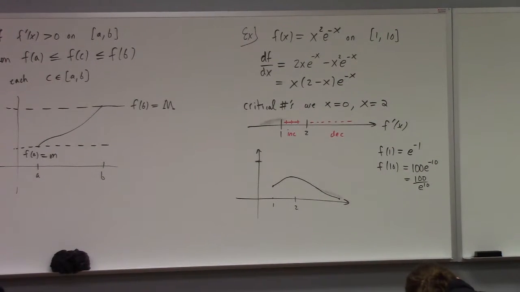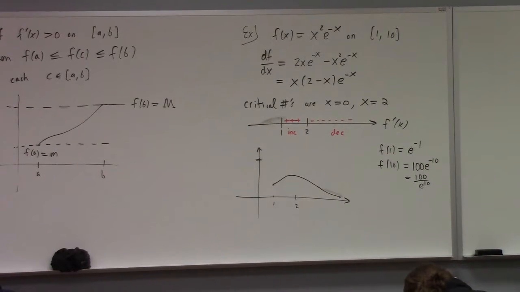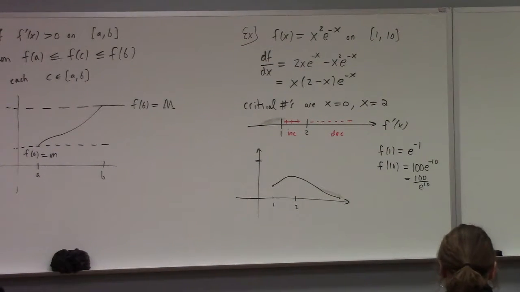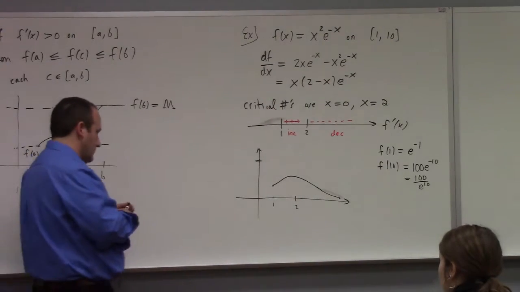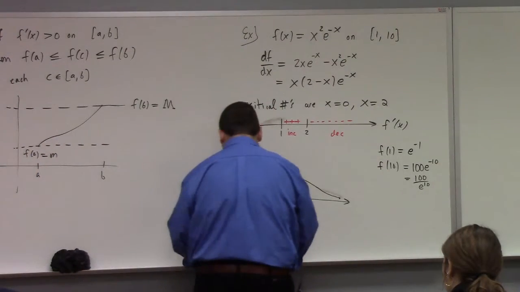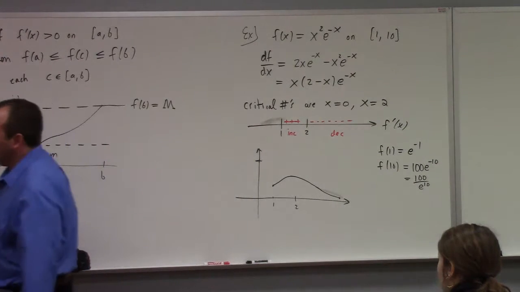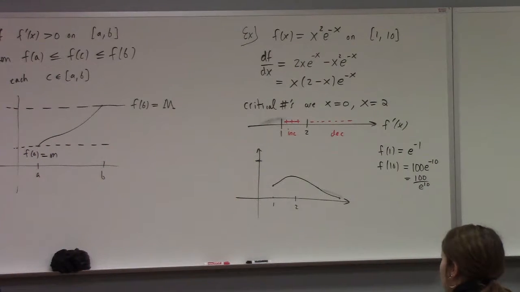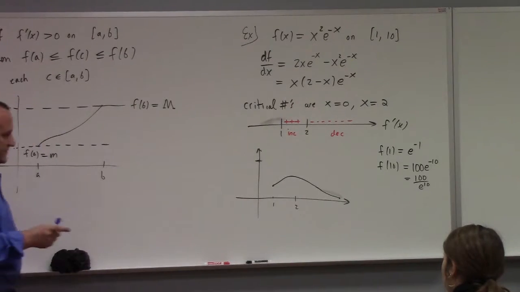And so if we wanted to bound this function, x squared e to the minus x on 1 to 10, what would we use? What's a lower bound? What's an upper bound? Can you tell me? 1 and 2. Well, the bound, remember, it's about the range of the function, not the domain. But I agree with the spirit of what you said, which is it has to do with 1 and 2.